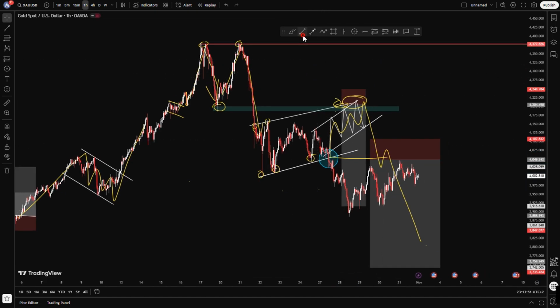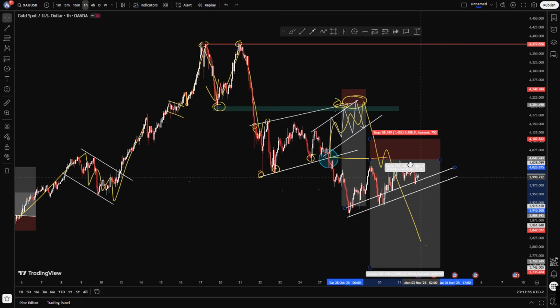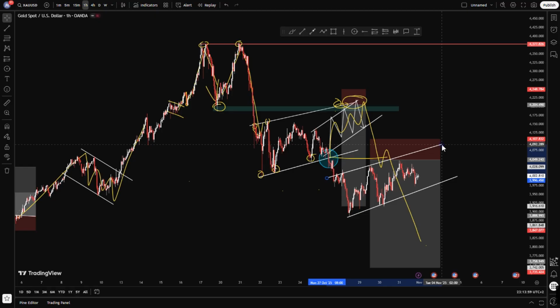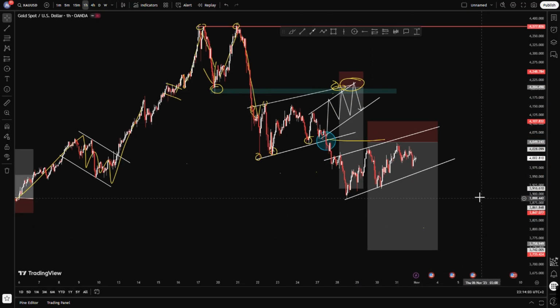Now currently, price is here. This is where price is currently. Okay, let me remove this. Now we can see price has been playing around here, okay?